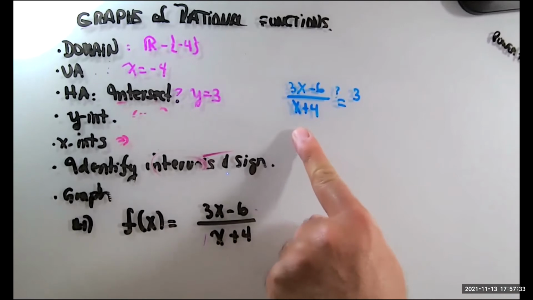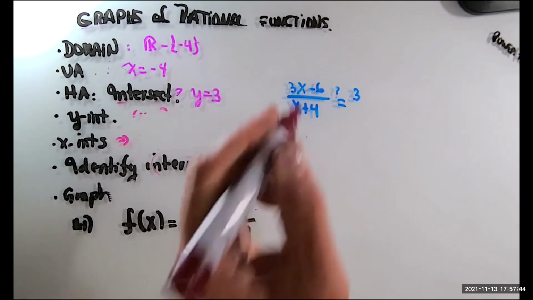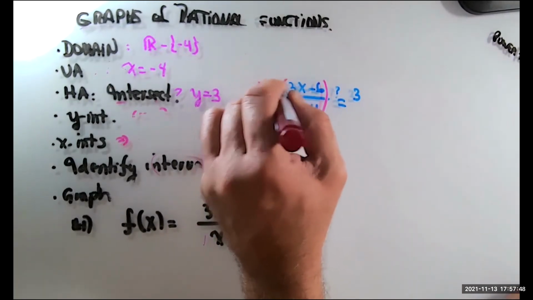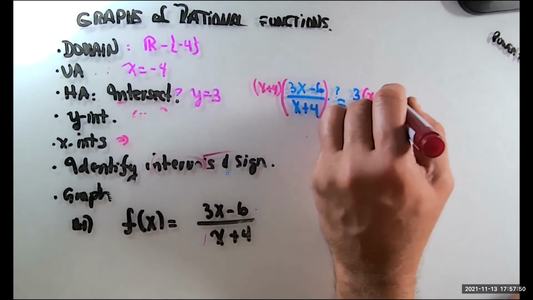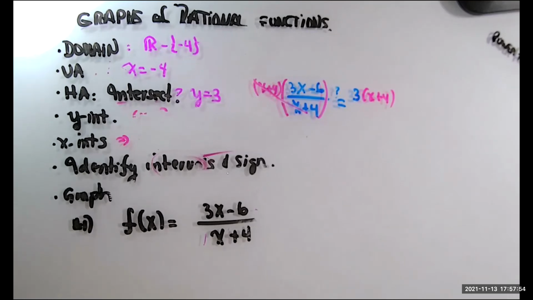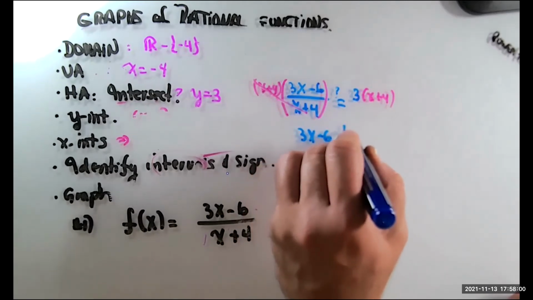How do I solve this? Of course, we always multiply by the LCD. In this case, my LCD is x plus 4. So we multiply by x plus 4 on the left and x plus 4 on the right. On the left-hand side, x plus 4 over x plus 4 is 1, so I have 3x minus 6.